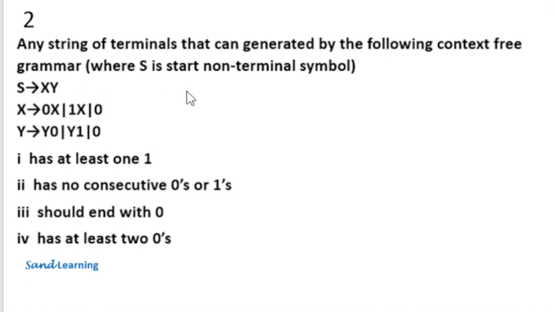Let us take the production rule S derives xy, where x is the start symbol. In x and y, I can substitute 0 for x and 0 for y, then I will be able to get the possible string as 0, 0. Second, instead of x, I am going to replace this x with 0x.